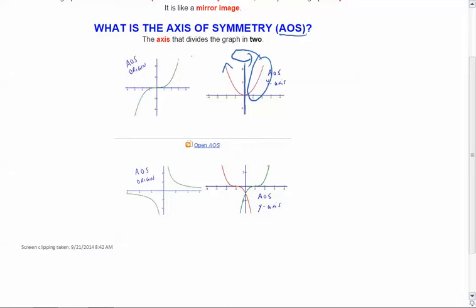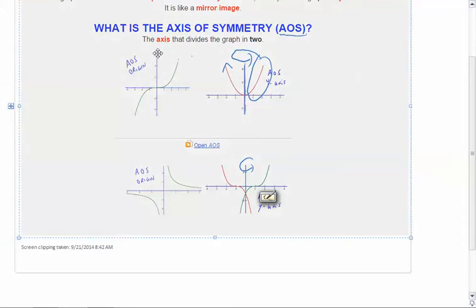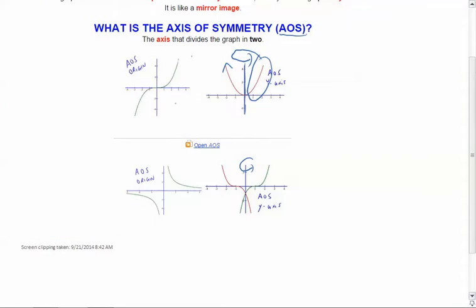If you take a look at this one, it's almost like it just did a complete flip from the y-axis. Now, another symmetry that you should be aware of is when it reflects around the origin. If you take a look at this one, it's almost like it flipped around here and had a mirror image around the y-axis, and then again around the x.